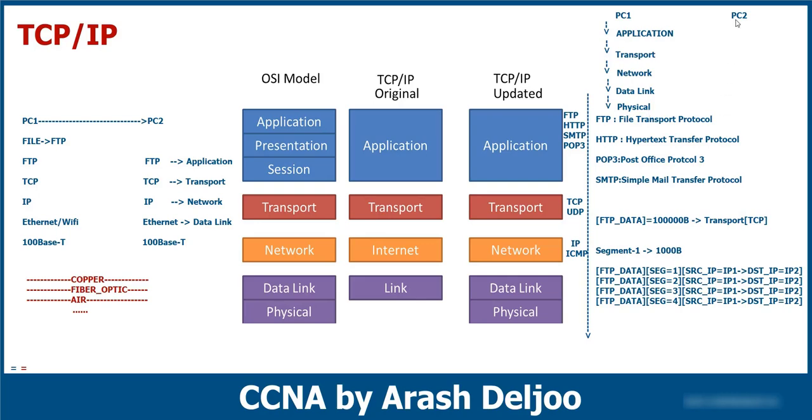And finally, in the destination, again, we have the same 5 layers. First, in the physical layer, the data should be received. After that, this should be converted in the data link layer to data. After that, the network layer can read the IP address.